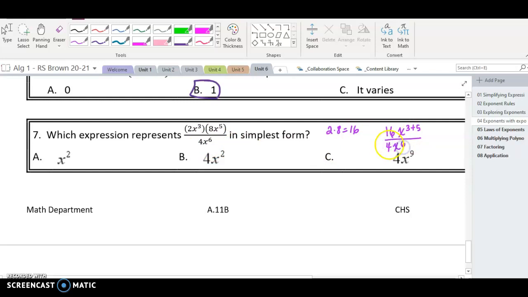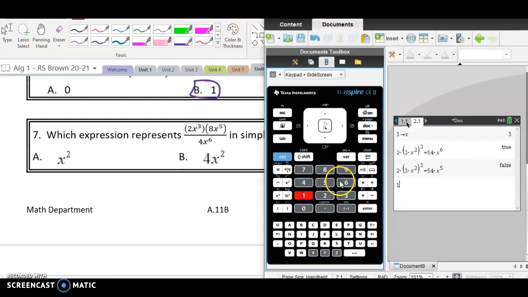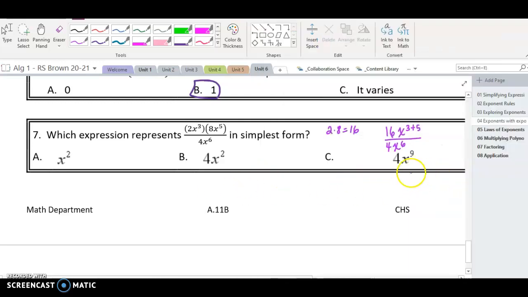All right, now 16 divided by 4 in our calculator is 4, okay? So I'm going to bring this down here. We have 4, and then I have x, 3 plus 5 is 8, over 4x to the 6, right?